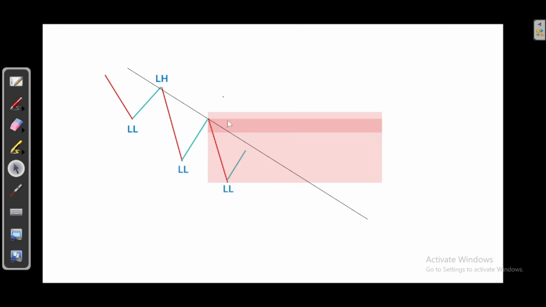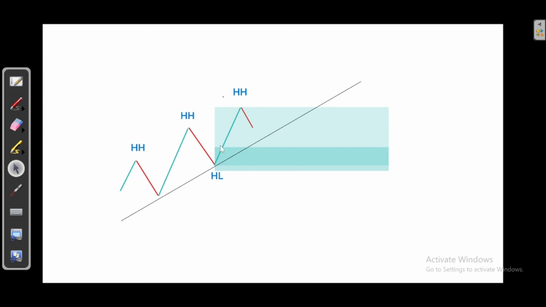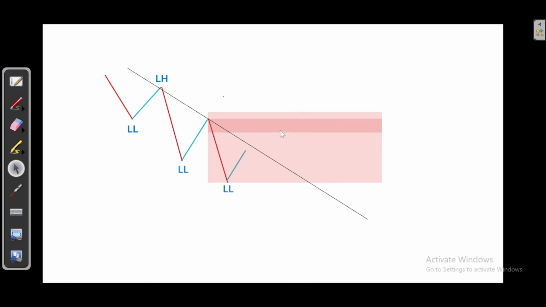Like this demand zone, this is supply zone now. There must be imbalance around here. Imbalance is momentum. So we must see imbalance around this level before we can say this is a valid demand zone or interest zone that I'll be looking at. This is a valid supply zone that I'll be looking at.